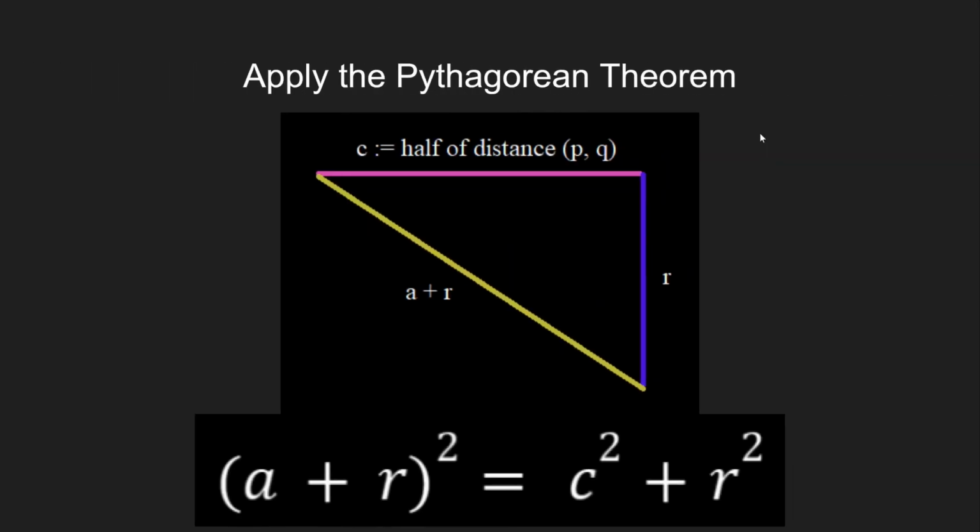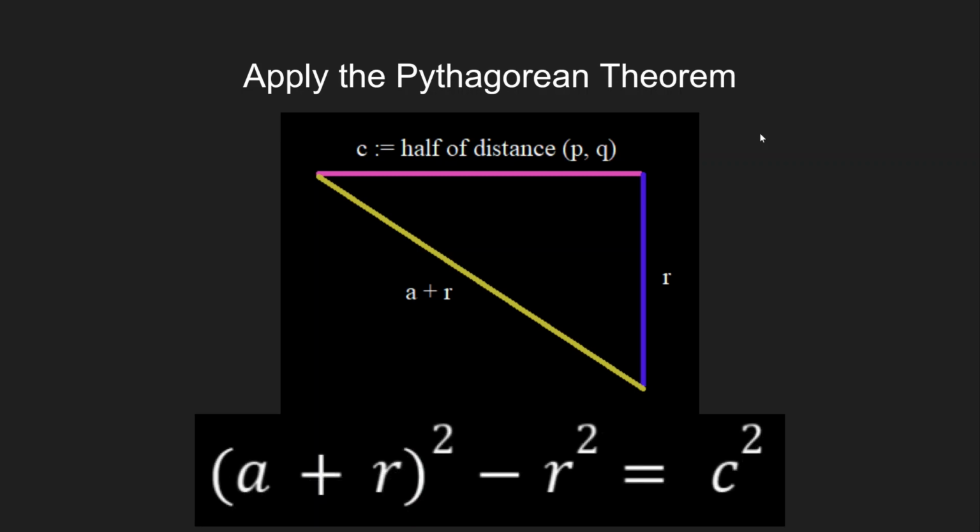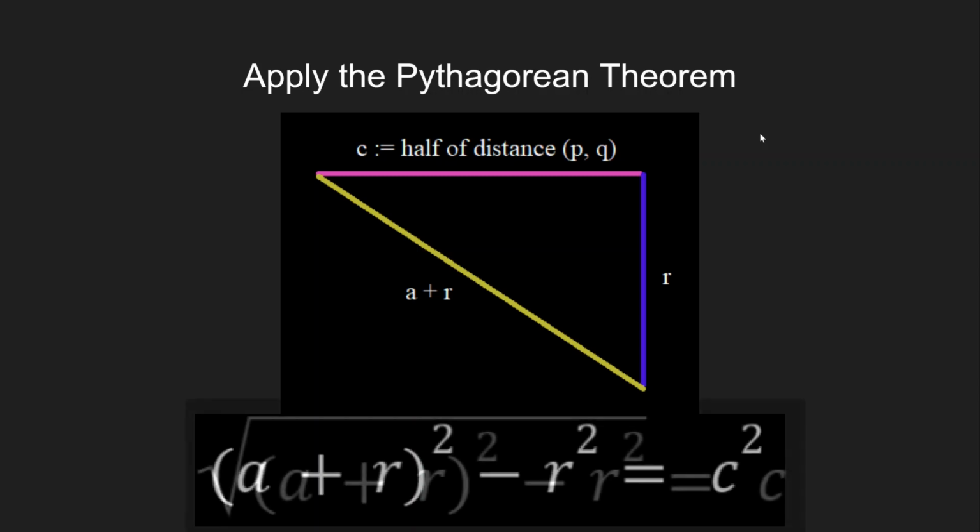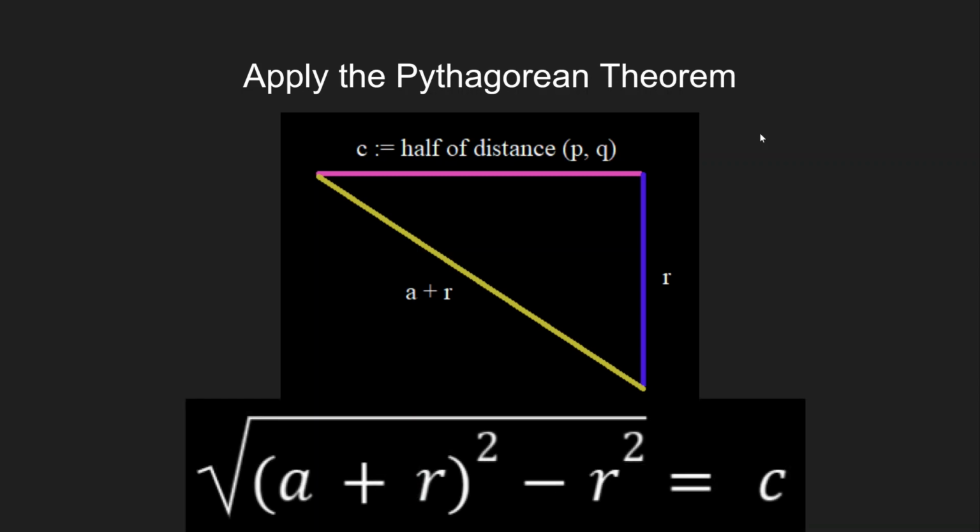Let's apply this theorem to our problem. So first, since we want to find C, let's subtract R squared from both sides of the equation and take the square root. Technically, we found a value for C. However, I think this can be simplified.